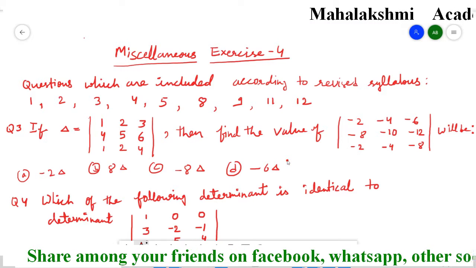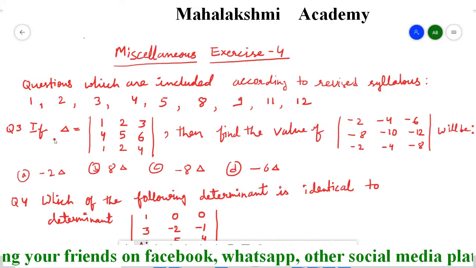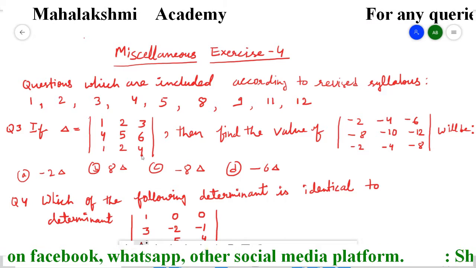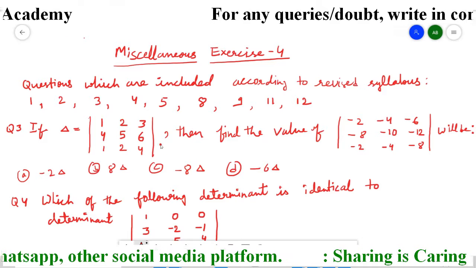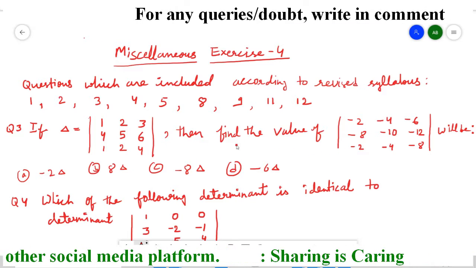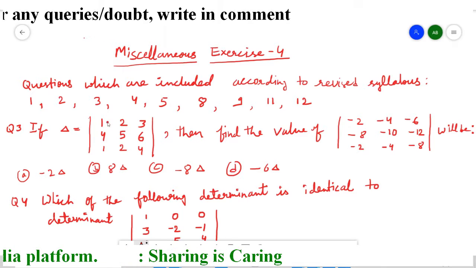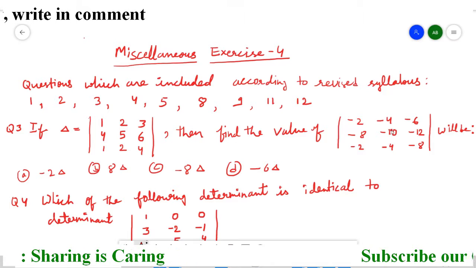The question is: if delta means determinant, if the determinant of this is equal to this, then find the value of this. Students, when we carefully observe it, see this row 1, 2 and 3. They multiplied this row by -2, so they obtained this row.